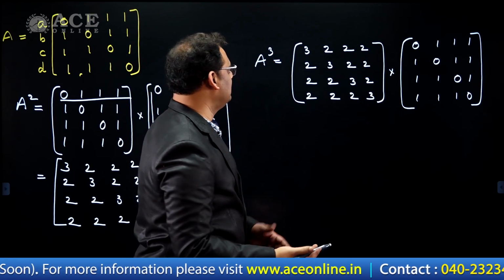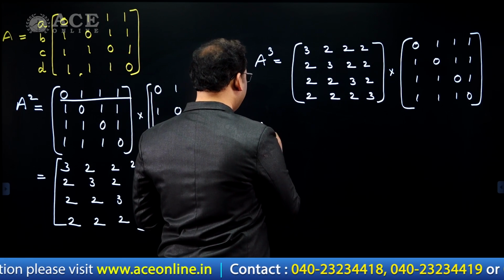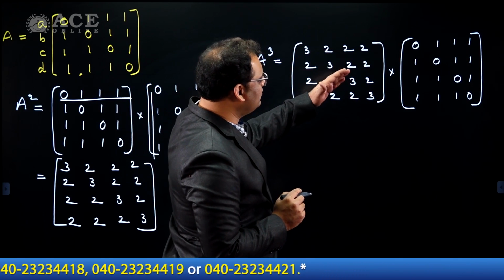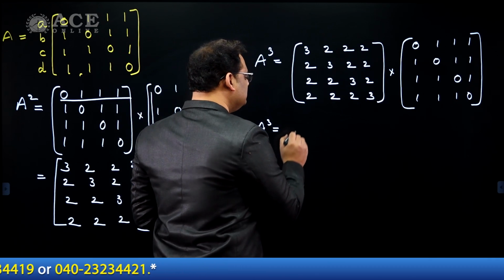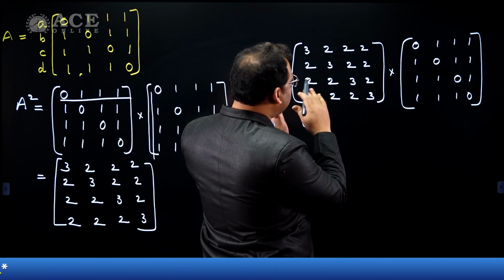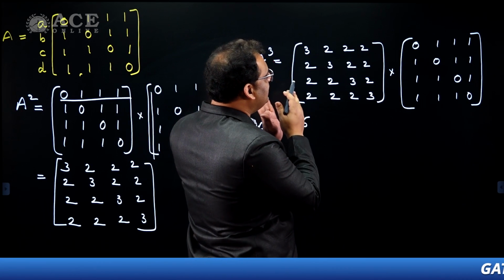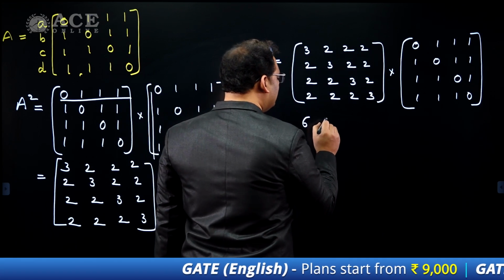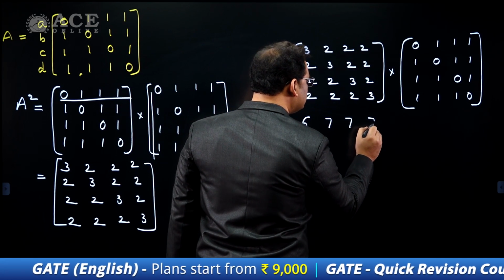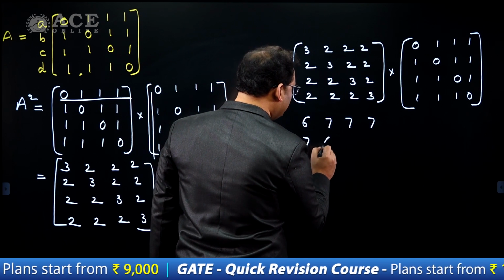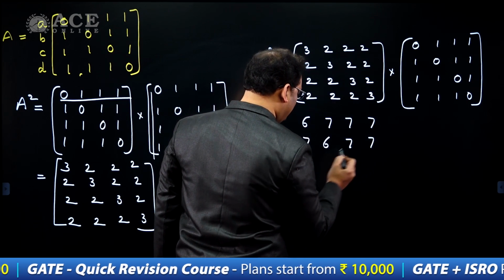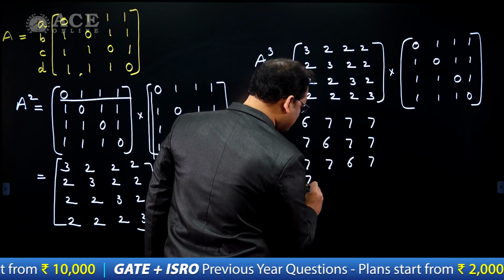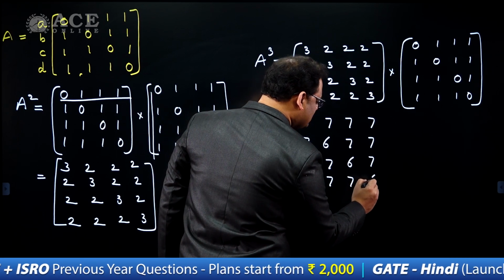A square into A, then my A cube will be, so 0 plus 2 plus 2 plus 2, I think it will become 6. Now I have 3. 2 becomes 0. 3 plus 2 plus 2 I will get, I think it should be 7. So 6, 7, 7, 7; 7, 6, 7, 7; 7, 7, 6, 7; and 7, 7, 7, 6.